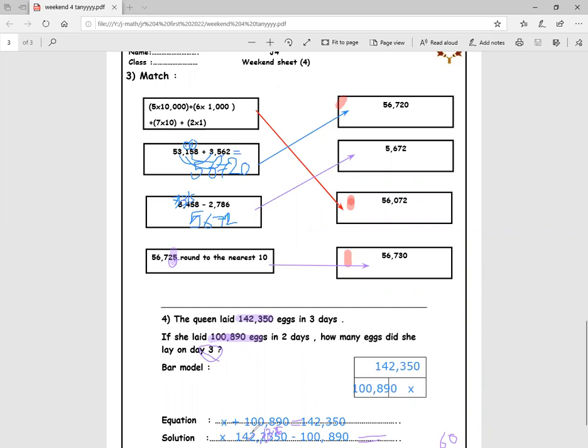So this would be 1 and this would be 14. 14 minus 8, 6. 1 minus 0, 1. 2 minus 0, 2. 1 minus 1, 0. So the answer would be 41,460.